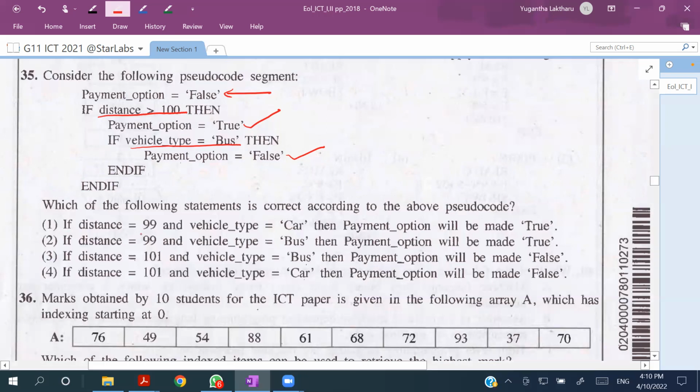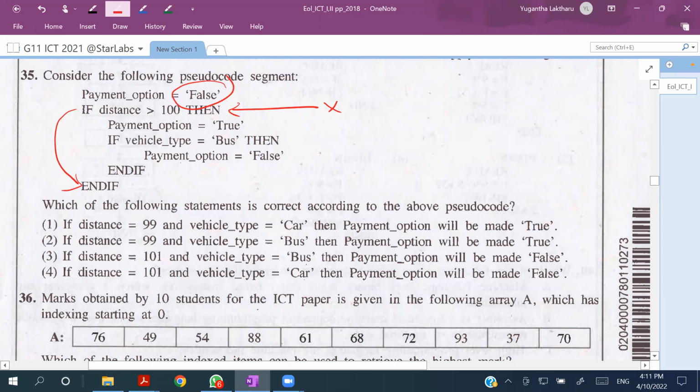If distance equals 99, this condition is wrong, right? If this is wrong, you directly go to the end if. So the payment option is false.